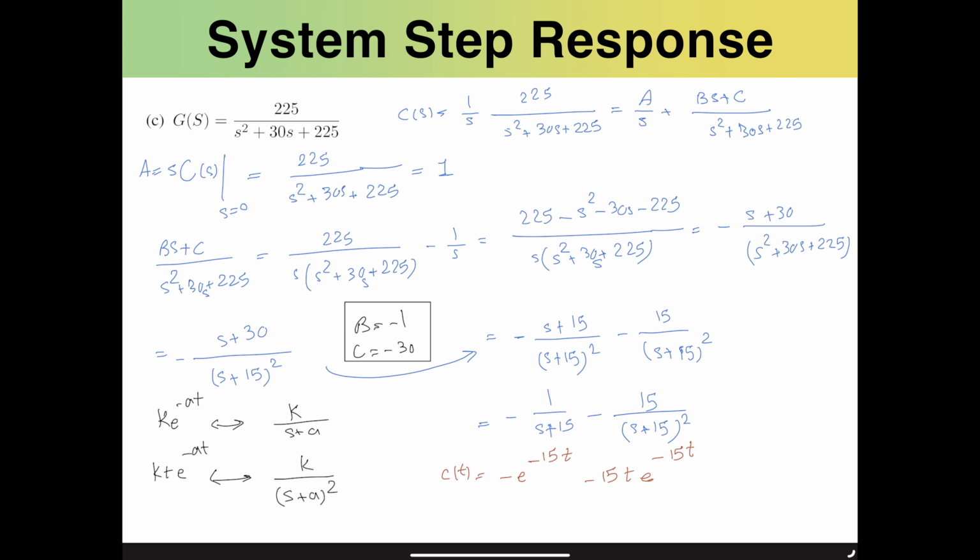However, these were not the only terms in the C(s), by the way. If you remember, the C(s) was this plus a over s. So if we consider a over s contribution in the time domain, it would be a, which we found to be 1. So I would add 1 here as well. That represents the forced response from the unit input.